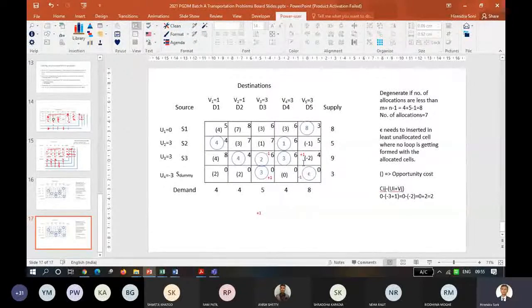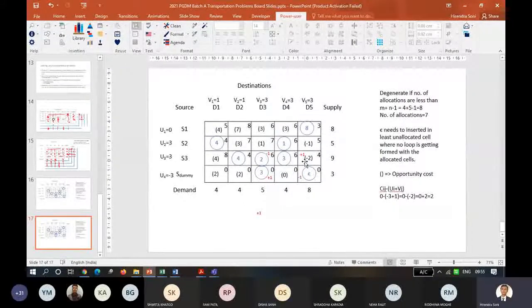Your loop would be from this cell to this cell, then here, then back here, and then again to the originating cell. Perfect. Yes or no? Yes, sir. Okay.